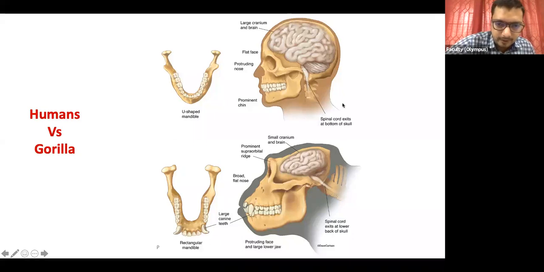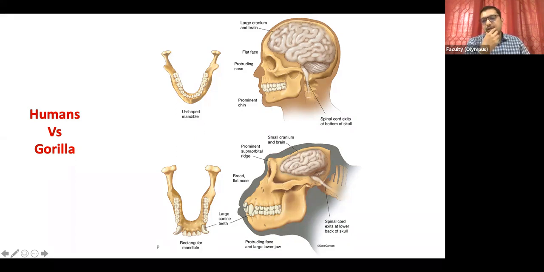Okay, right. So, chin. You clearly see the chin in us, a prominent chin. This also gradually changed. In human evolution, the chin was not there in our ancestors. The chin became more and more prominent in later stages of our human development. Whereas, do you see a chin in them? This is a huge jaw, a protruding face, prognathism.